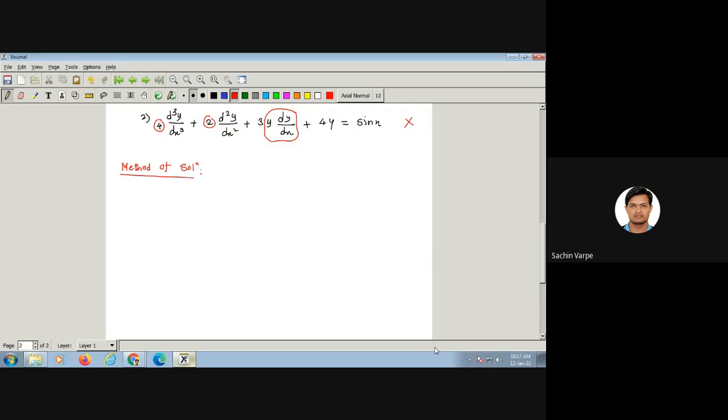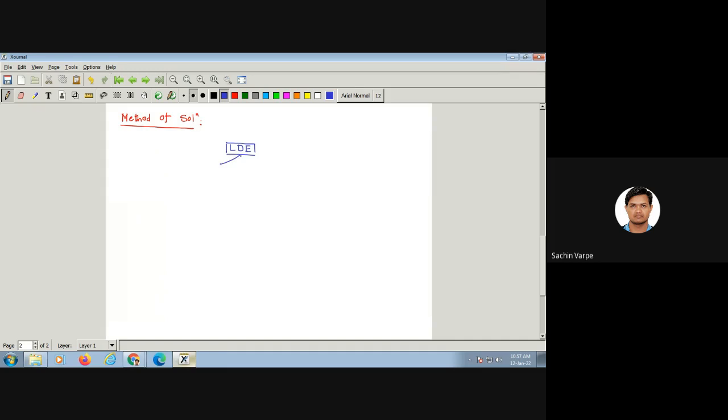Let me tell you first of all what we are going to do exactly throughout the unit. We just now discussed the definition of linear differential equation. Throughout the unit, the main theme is the solution of linear differential equations with constant coefficient. There are mainly two types: LDE with constant coefficient and LDE with variable coefficient.